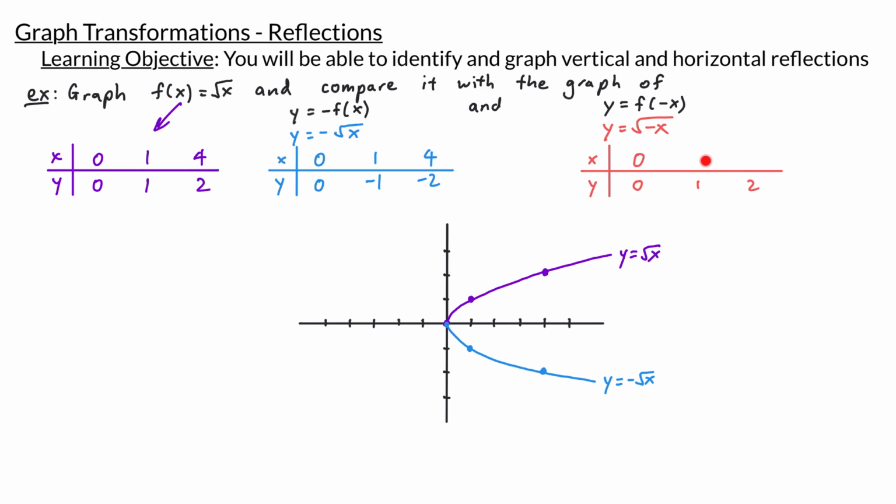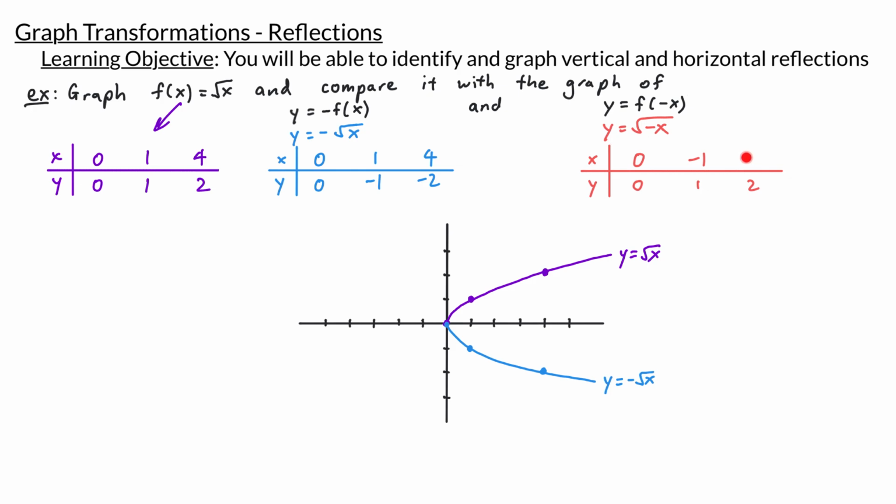Next, we want to figure out an x value that I can plug in to get 1 as the corresponding y value. This time, we need to plug in x equals -1, because if we plug in x equals -1, multiplying that by -1 turns it into +1. That way, when I take the square root, it becomes positive 1. So when x is negative 1, the y value is positive 1.